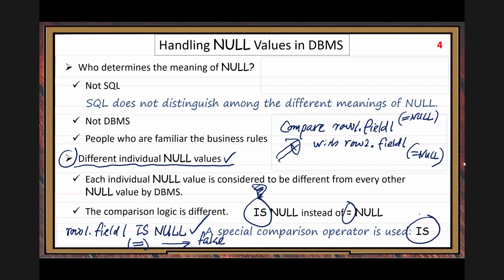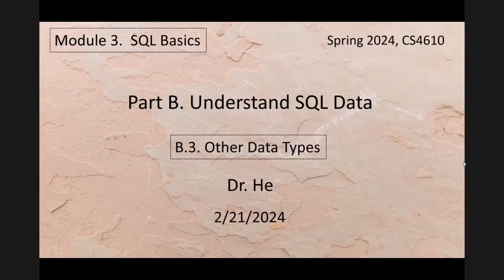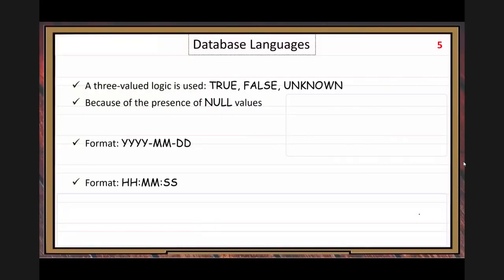B.3, other data types. There are a few other data types that could be useful. Let's look at the Boolean data type. Very useful.